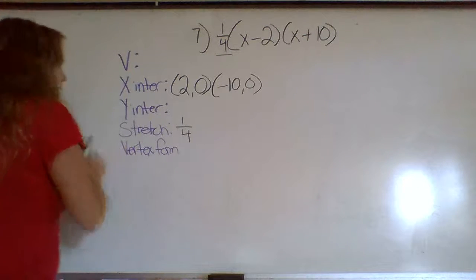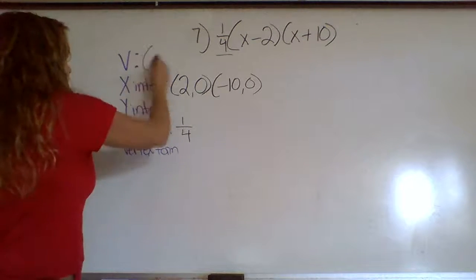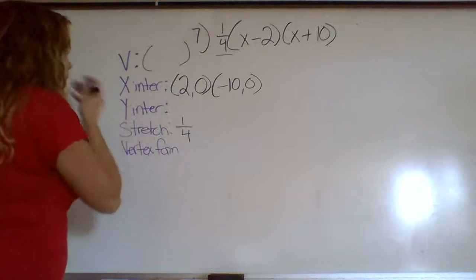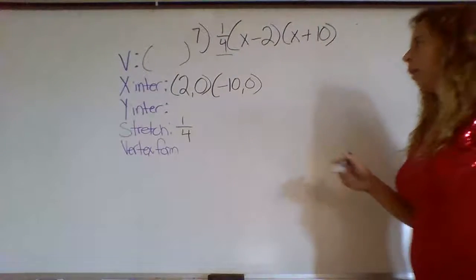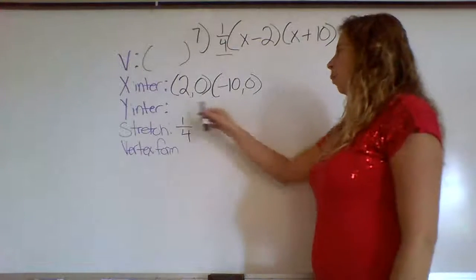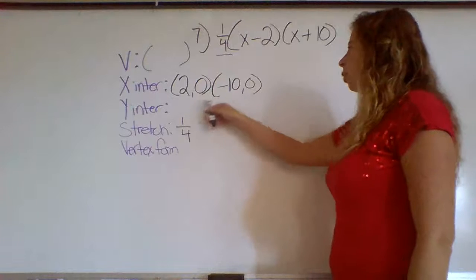Okay, let's find the vertex. The x value of your vertex is right in the middle of 2 and -10.